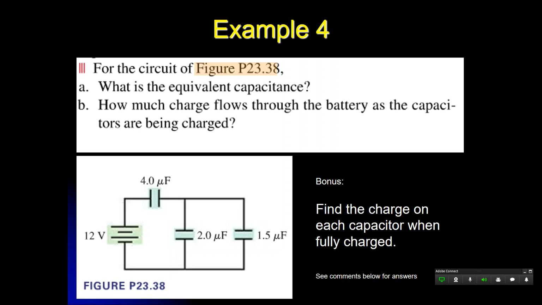Yeah, because that one's in series with the battery. So it's going to get all of the charge. C'est 12 moins 5.6. 6.4, 12 moins 5.6.